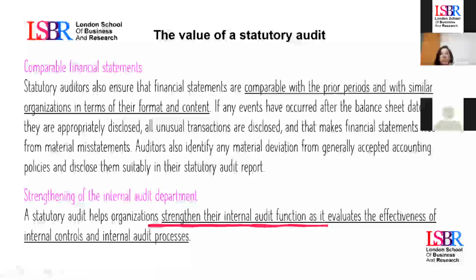So a statutory audit could help us to compare, to take decisions, to identify internal and external factors to get different or similar results. And if we can compare, we can plan the future. So comparable financial statements is another benefit of the statutory audit.